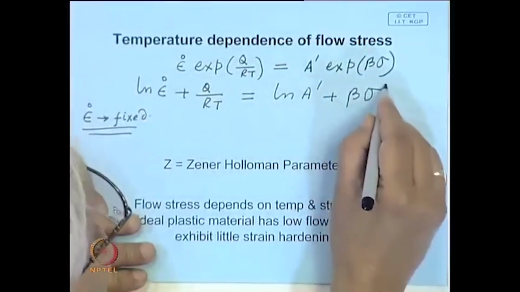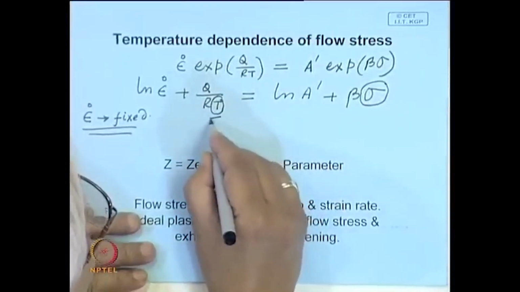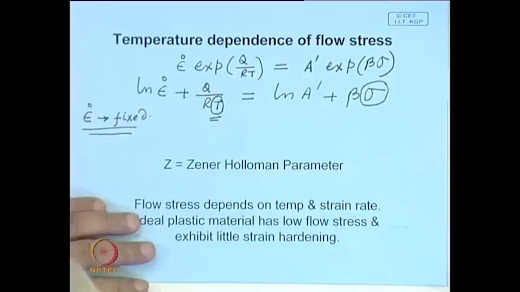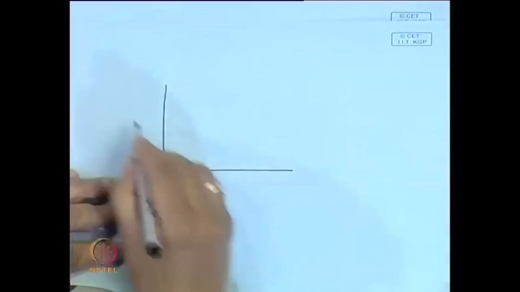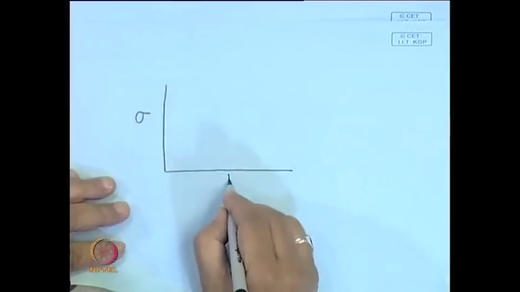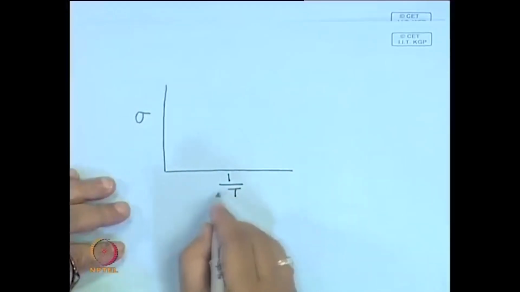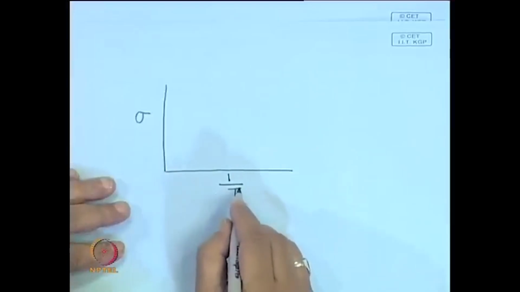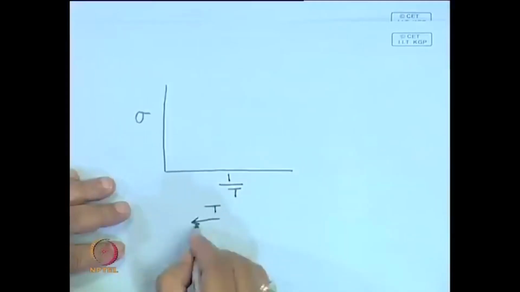the only variable is the stress, which is inversely proportional to temperature, and therefore, if you make a plot, what will the plot look like? If you make a plot of sigma against 1 over temperature. So, the temperature is increasing, so that means T is increasing in this direction.